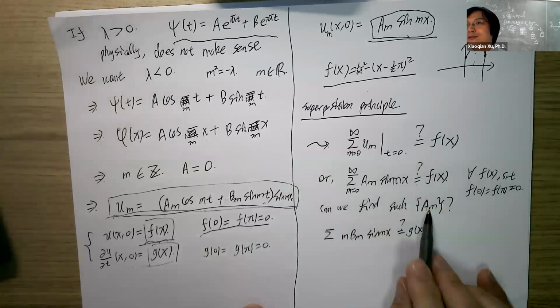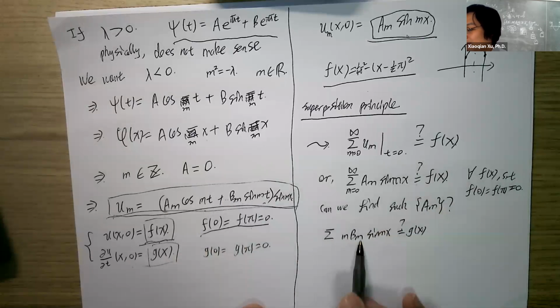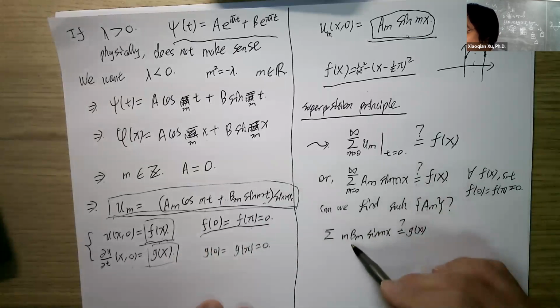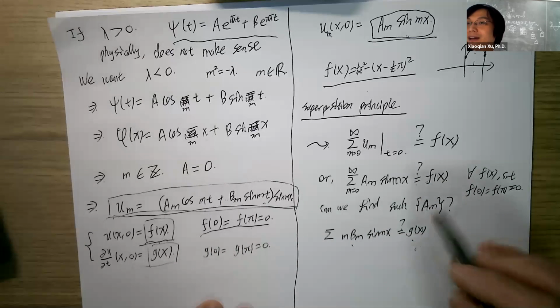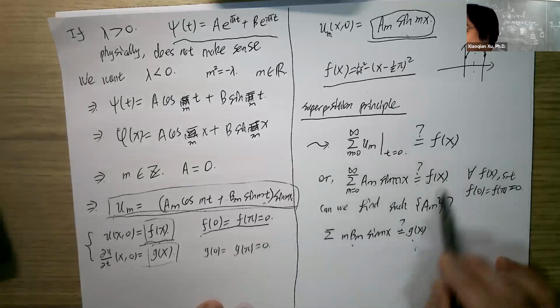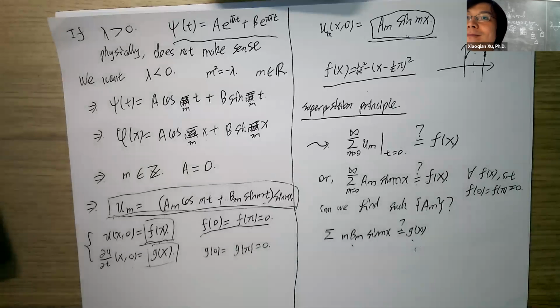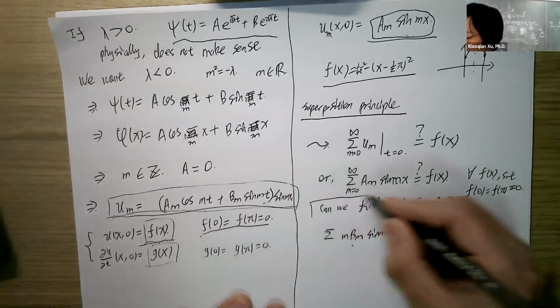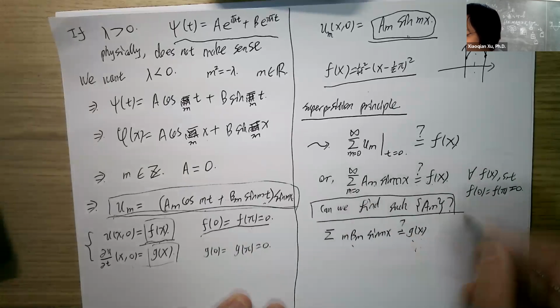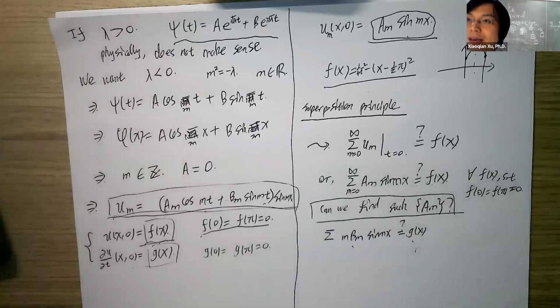If you are able to find A_m, then of course you are able to find B_m, such that A_m, B_m make your initial condition agree with f and g. Then we solve the problem, right? So the problem is, can we find such A_m and B_m?